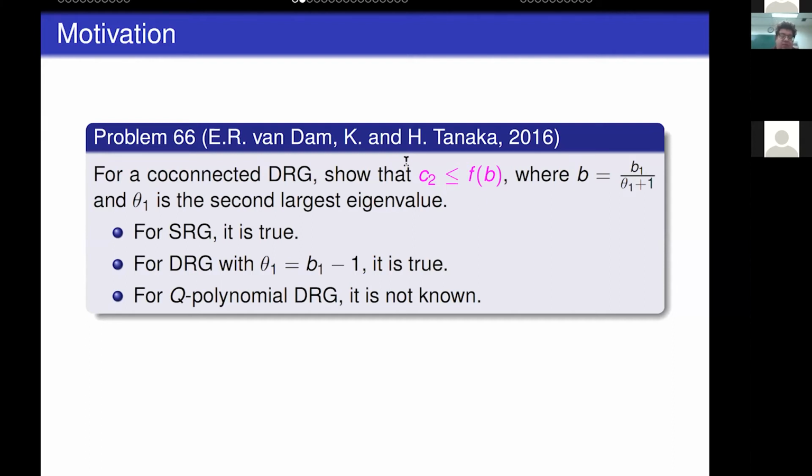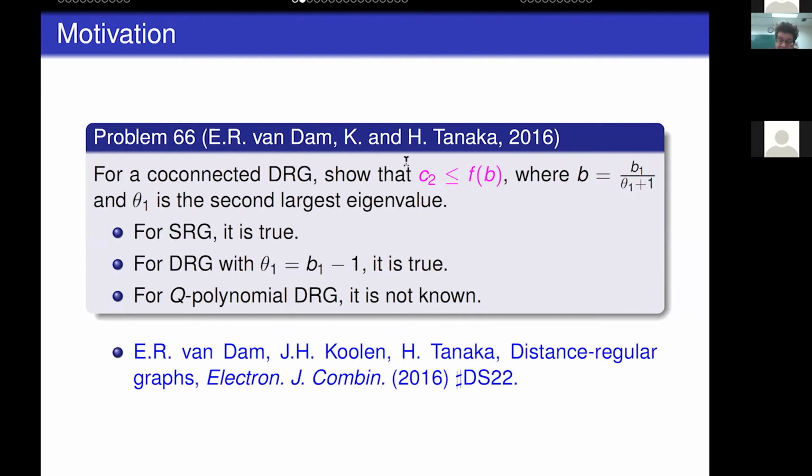And even for co-normal distance regular graphs or for distance regular graphs with classical parameters, it is not known. So that is the paper, and I will come back. And in this talk, we will report on our progress on this problem.